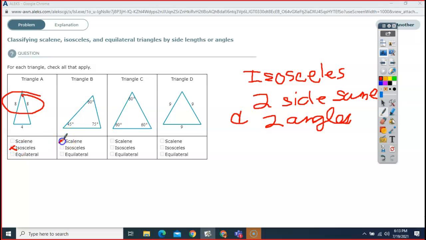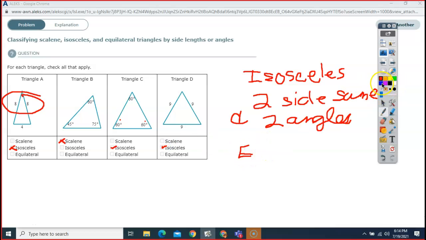We know this one is scaling. 1, 2, 3. Now this one is trippy. You may think that this is not isosceles, but don't you see 2 angles that are the same? Yes, we do. These 2 angles are the same. Even though all 3 are the same, 2 of them are still the same. So this is considered isosceles. But the third one is equilateral.